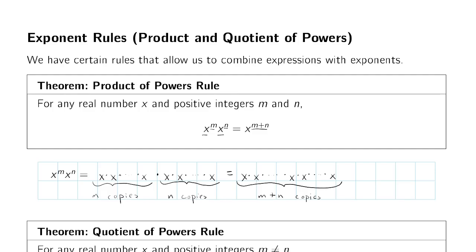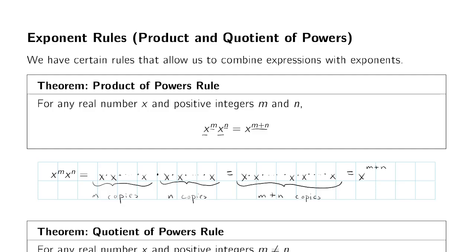Right, we wrote m copies, and then we wrote n copies. The total number of copies is m plus n. And so that is x to the power m plus n. So the reason that multiplying powers adds the exponents is just because that's how we define the powers.